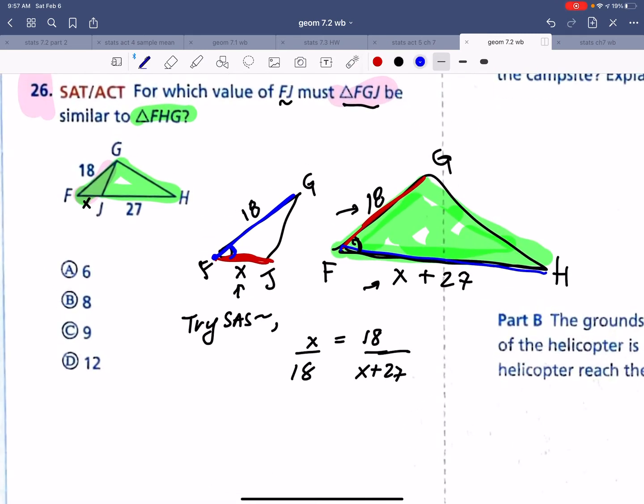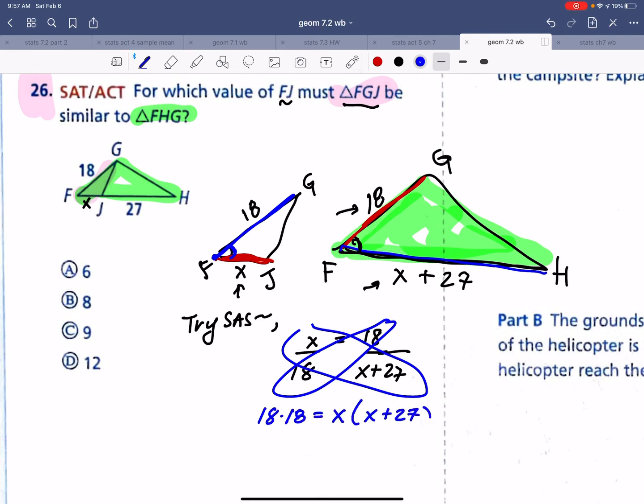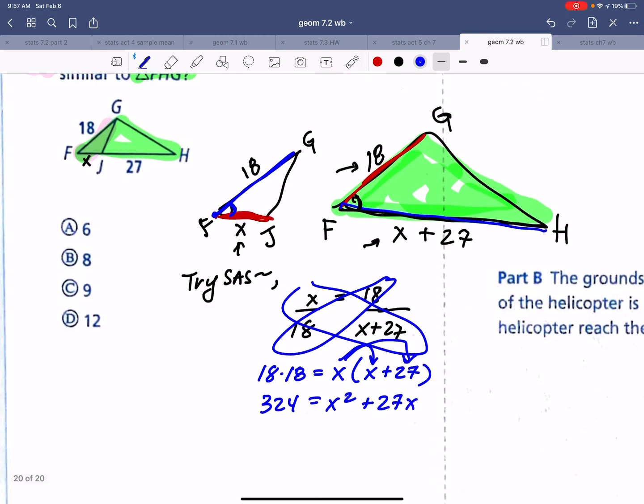All right, now we're going to cross multiply to solve. So we have 18 times 18 and x times x plus 27. Interesting. Let's crunch these numbers. X squared and 27x.